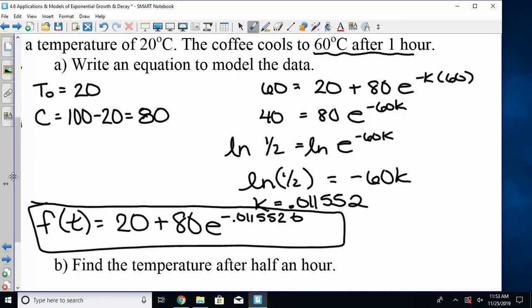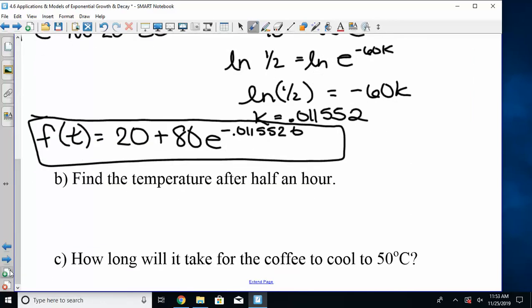Let's look at part B. Find the temperature after half an hour. Make sure you're with me. What are we going to plug in for our t? 30, because we made our constant in terms of minutes.